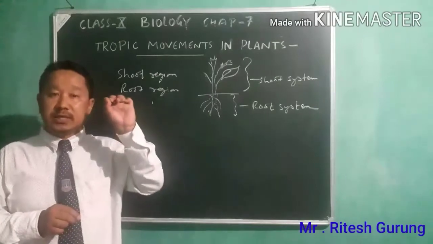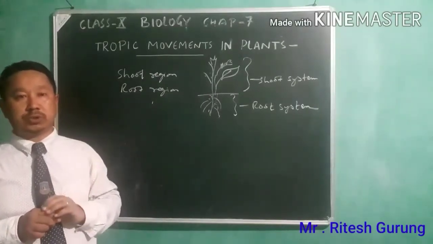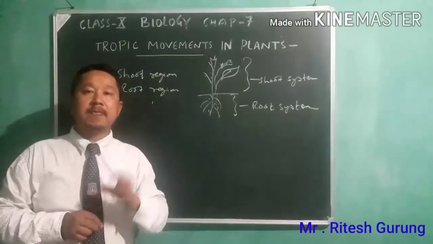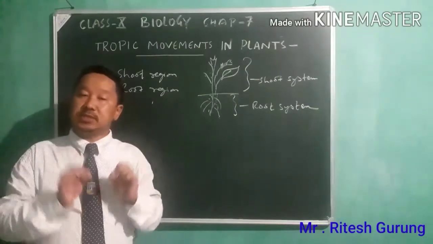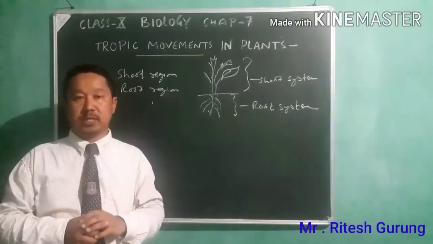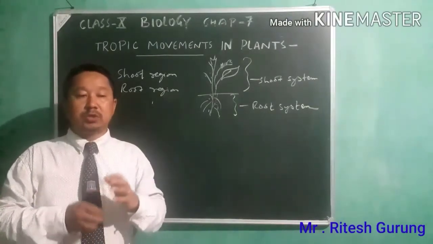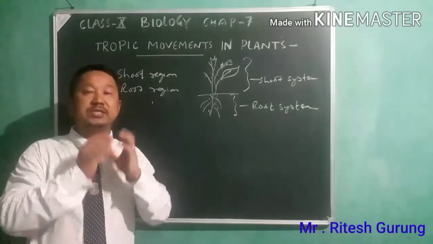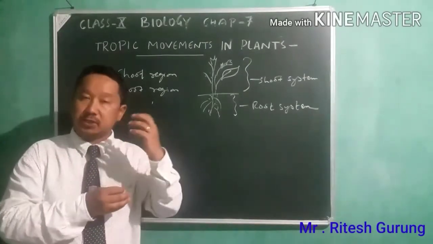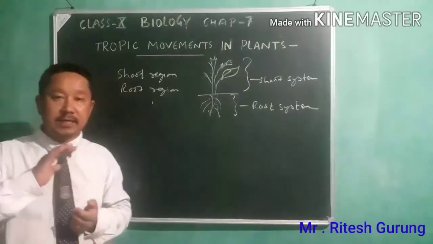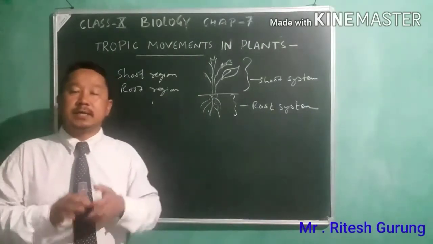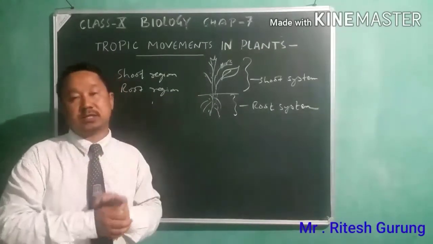So the direction of the response is related to the direction from which the stimulus comes. It's very obvious. Towards which side the response has to be shown is directly related to the direction from which the stimulus is coming.